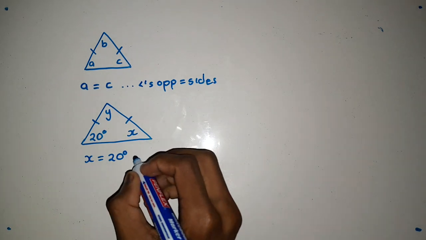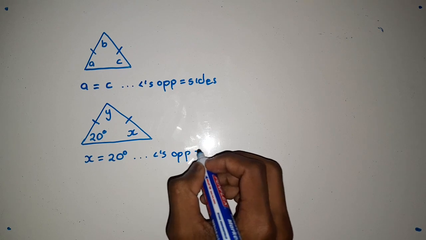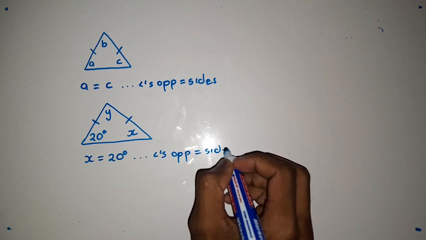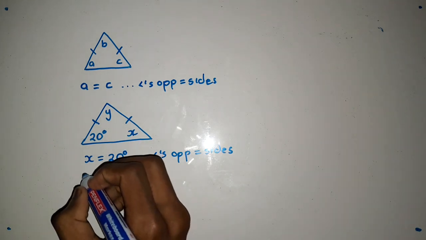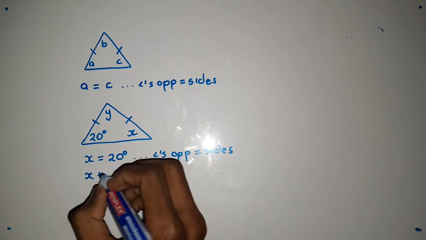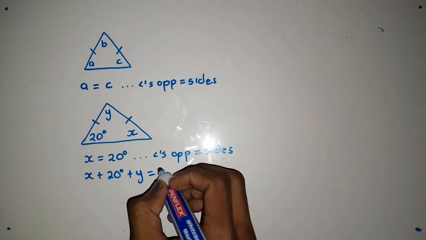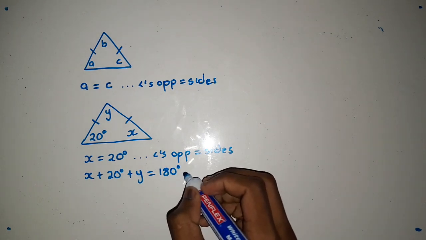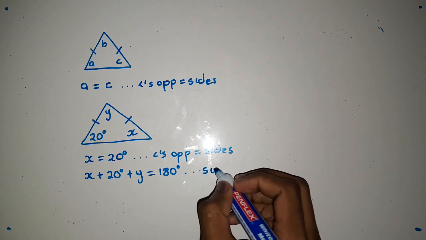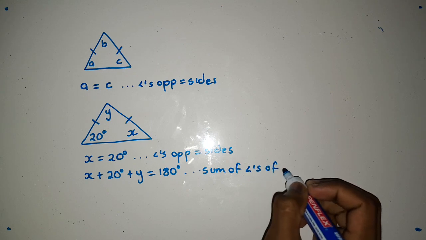For y, angles opposite equal sides, like this. Now we know that x is going to be 20. We can then say x plus 20 plus y, all of this must add up to 180. Now we have the sum of angles of a triangle.